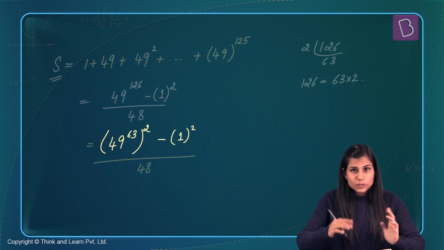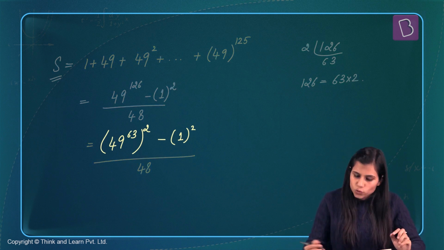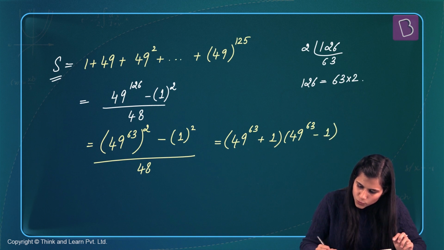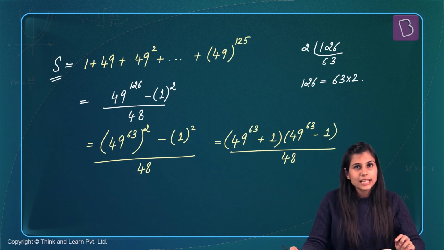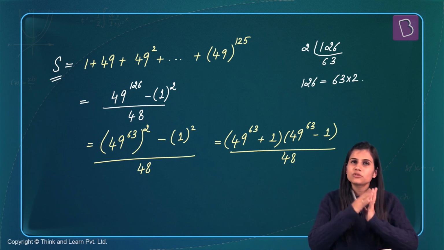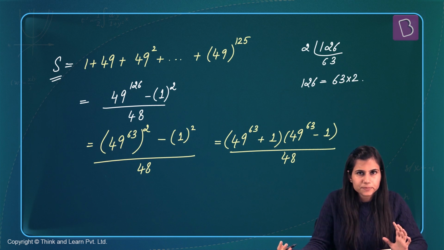Now this is of the form a square minus b square, which is a plus b into a minus b. That means 49 to the power 63 plus 1 into 49 to the power 63 minus 1 upon 48. And bingo, you have been able to write this expression in terms of 49 to the power something plus 1. And that something in here is 63.